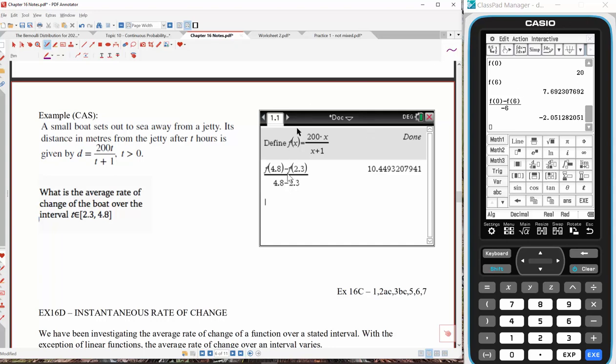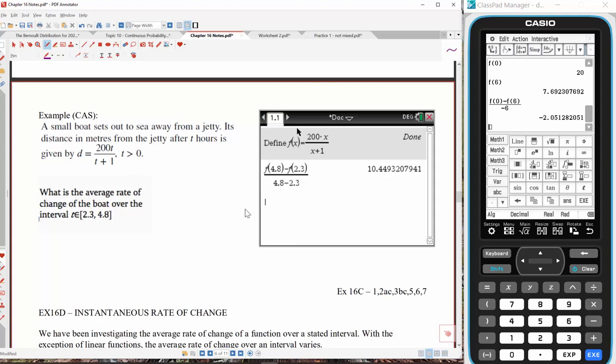We use the Casio, so the output looks different, but it's the same thing. Just quietly, the Casio is much better, my strong preference. So this is the method I use to get the average rate of change of the boat over an interval 2.3 to 4.8, where it sets out to sea from a jetty.